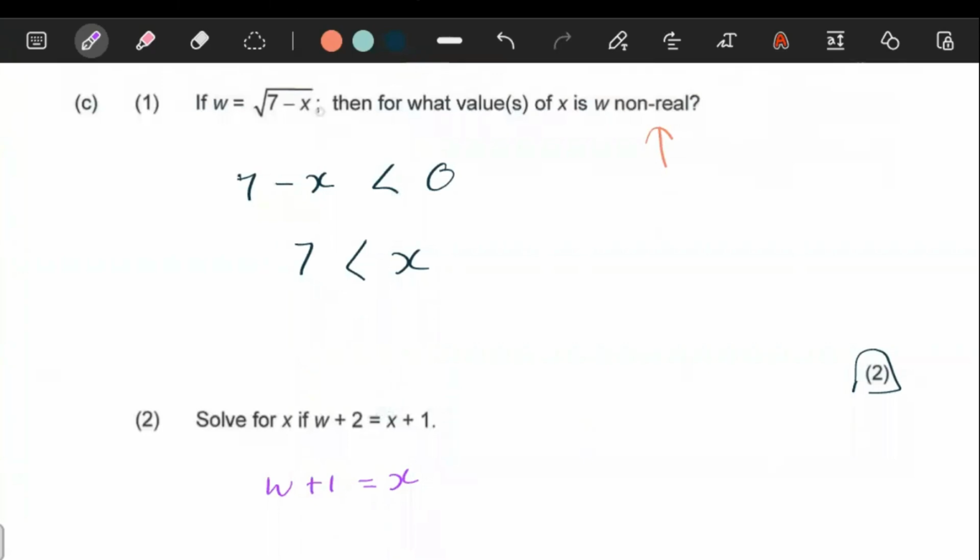what you call the previous question and this question, you can almost think to yourself, there has to be some kind of a relationship, because if x is bigger than 7, then w will be non-real. Here they're saying solve for x if w plus 2 is equal to x plus 1.